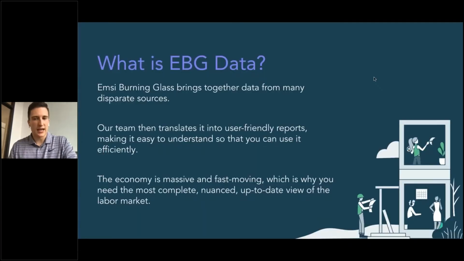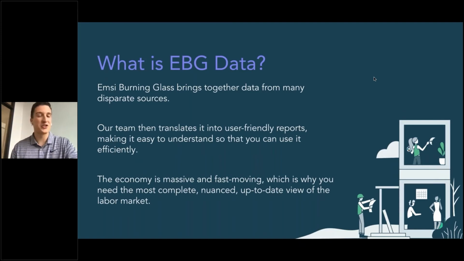So, a little bit of context for the data that feeds this platform before we dive in. At Emsi Burning Glass, we're compiling lots of different data from several different data sources. Once we have that data, we're unsuppressing it, deduplicating it, and aggregating it in such a way that it's concise and detailed, but also very user-friendly, interactive, and digestible within the reports themselves.